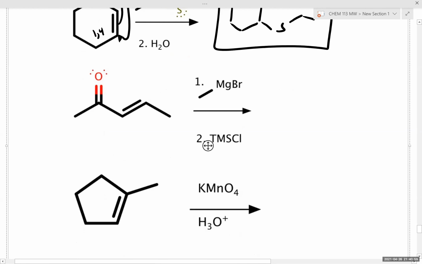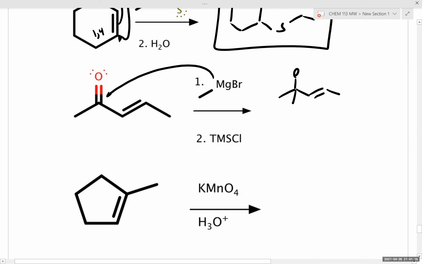Okay, what about Grignards? Do they add 1,2 or 1,4? Grignards, which are typically hard nucleophiles. 1,2. Okay, so we end up making this alkoxide species. And what does trimethylsilyl chloride do?